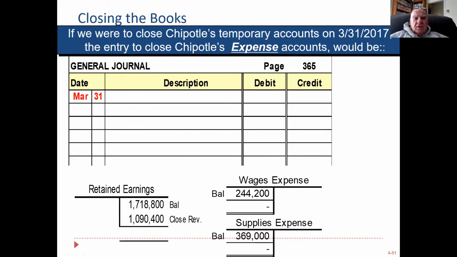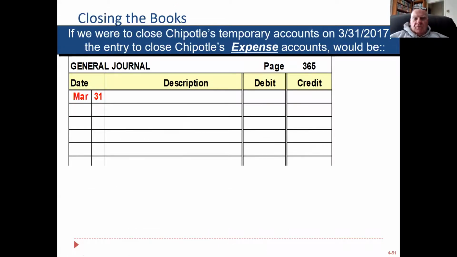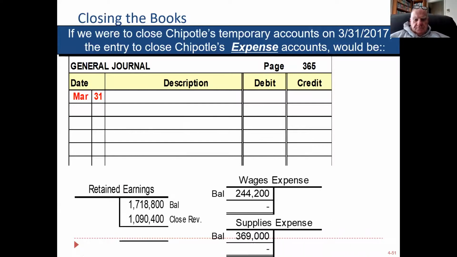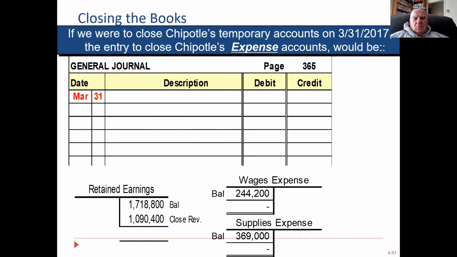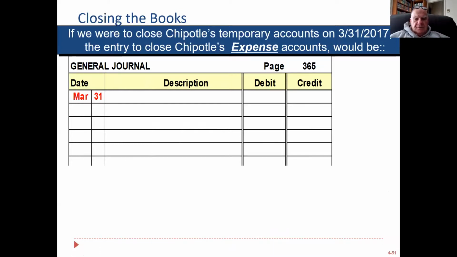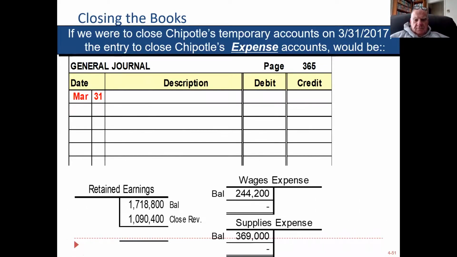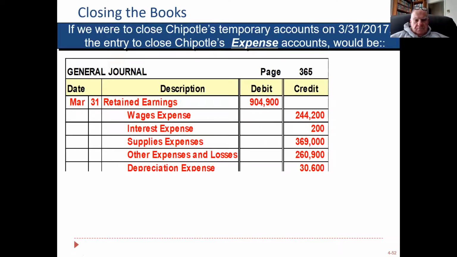When we closed the revenue, we got rid of all these expenses with a credit and debited retained earnings.